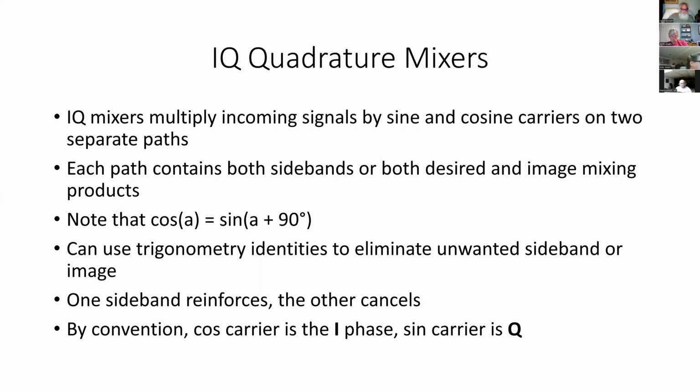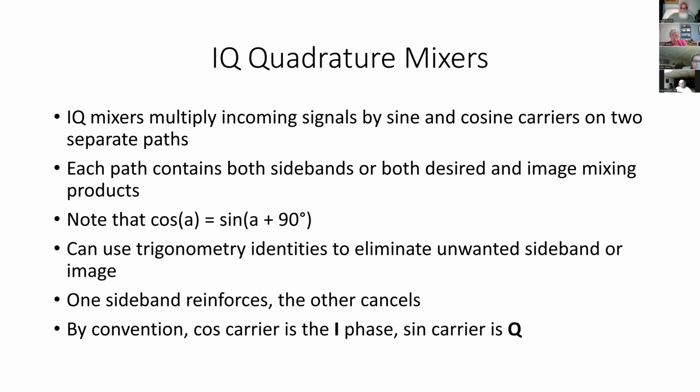This is the basis of the phasing method of single sideband generation or demodulation. And it's very common, for instance, in your cell phone, where the local oscillator is actually a digital signal and the mixer is actually a set of analog switches. But that's good enough that you can convert an RF signal down to an intermediate frequency.